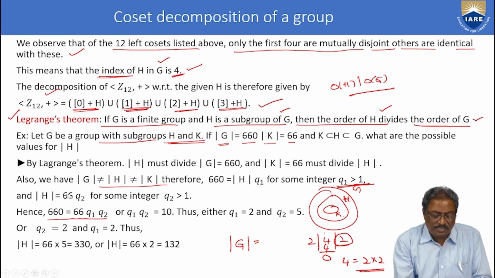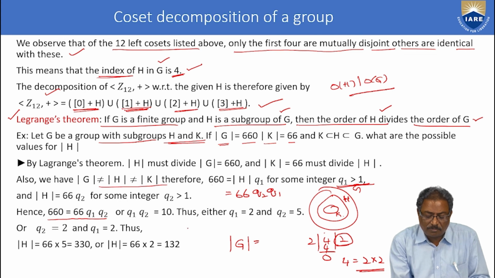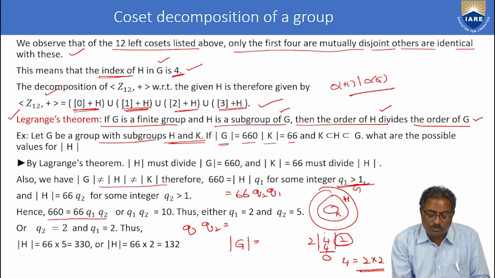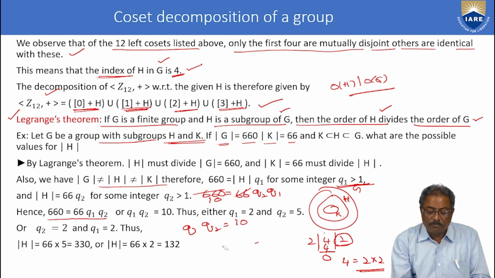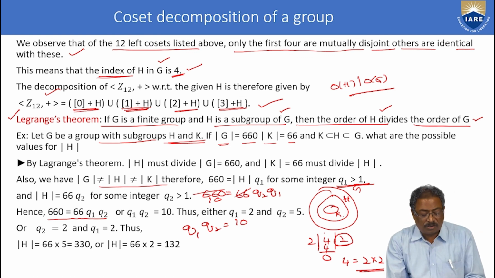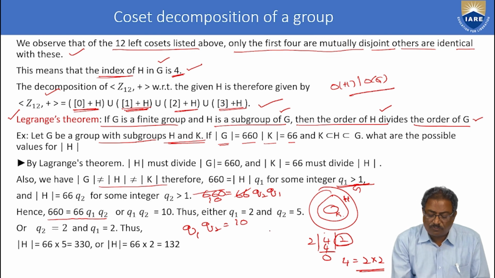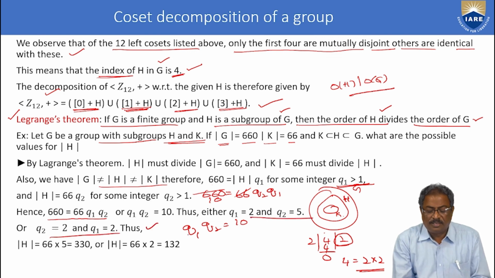So 660 equals 66 times Q2 times Q1, and then Q1 Q2 is equal to 10, after dividing 660 by 66. So Q1 Q2 is equal to 10. The possible combinations are either Q1 is equal to 2 and Q2 is equal to 5, or Q2 is equal to 2 and Q1 is equal to 5. So these are the possible values.